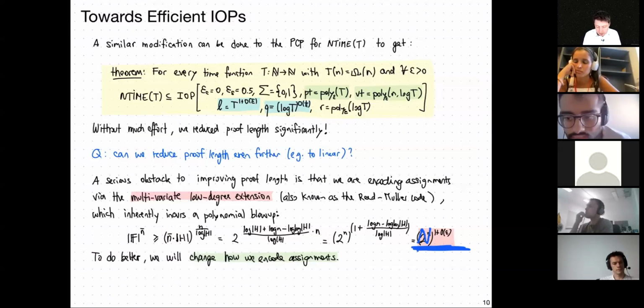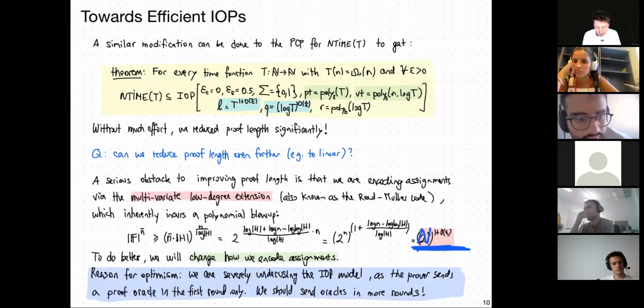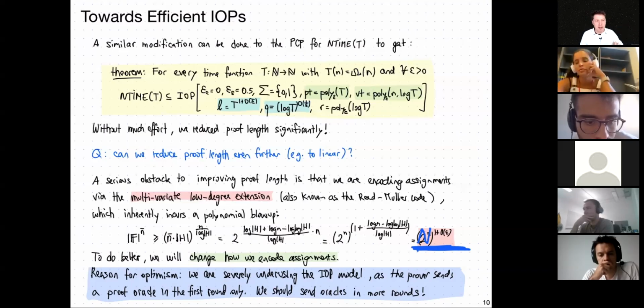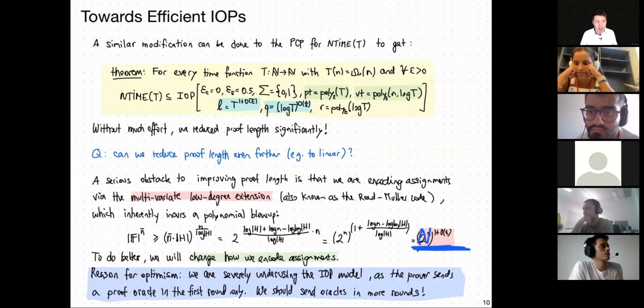We need to change how we encode assignments. And there are 2 reasons for optimism here. First, we haven't really used the IOP model in its full power yet. What we did is we sent an oracle in the first round, and then we ran an interactive proof, not an IOP, for all subsequent rounds. So the fact that we were just using sum check was underusing the model.